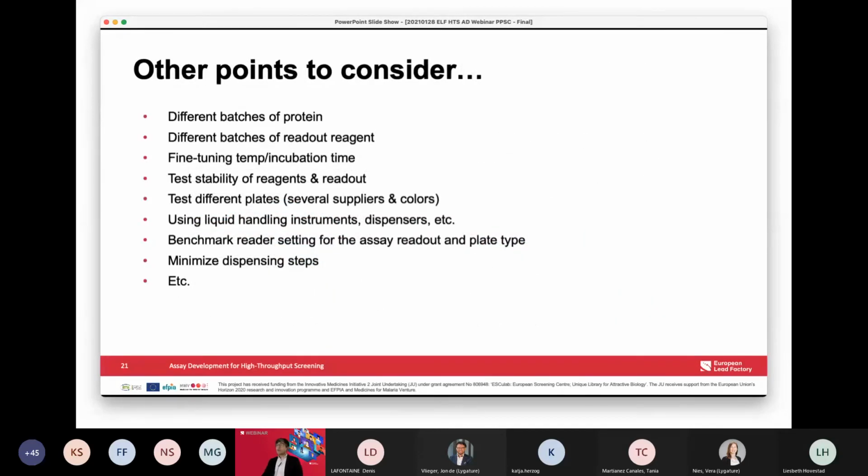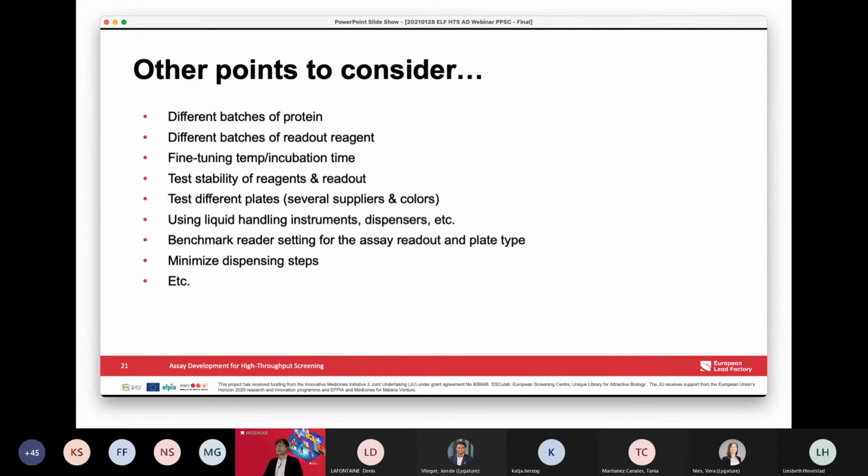Other points to take into consideration to reduce such variations is looking at different batches of proteins or different protein vendors, or slightly modifying the conditions in which protein is produced. Checking different readout reagents, batches, fine-tuning temperature and incubation times, testing stability of the readouts and the reagents.